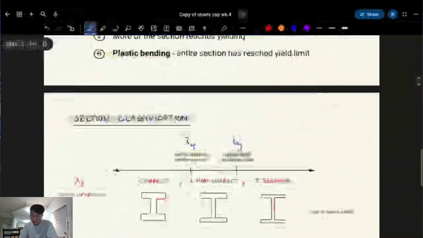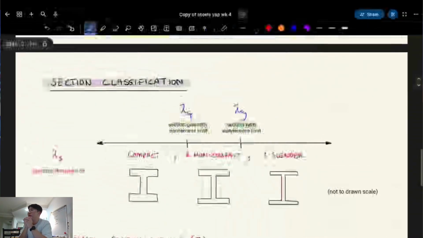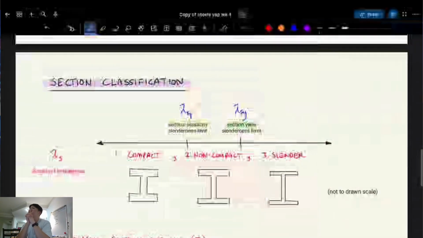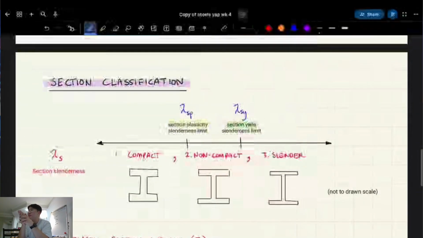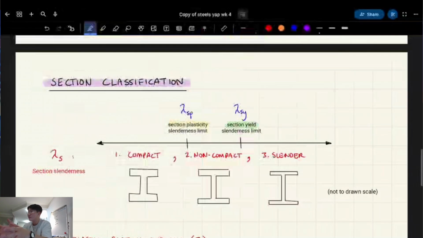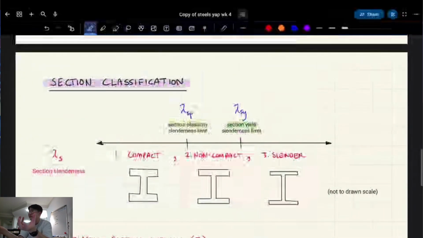Think about it. What's the best case scenario to utilize your steel material? Do you want it to only behave elastically and then snap, or do you want it to reach plasticity and then snap? The second one. And from your understanding of compression design, do you think compact or slender sections are more ideal?